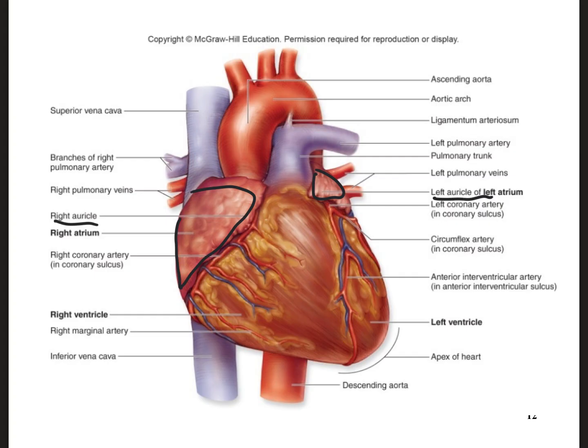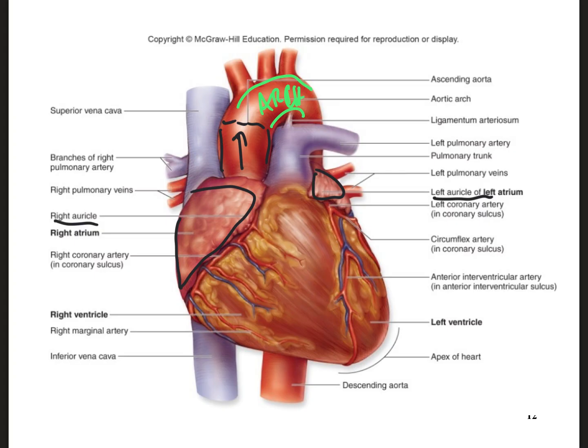Right? The heart, apex, base, great vessels, right? We have our superior vena cava, our inferior vena cava. The aorta is also broken up into different parts. The first part that goes up, that's the ascending aorta. And then we have the arch, right? That's the aortic arch, the bend, okay?